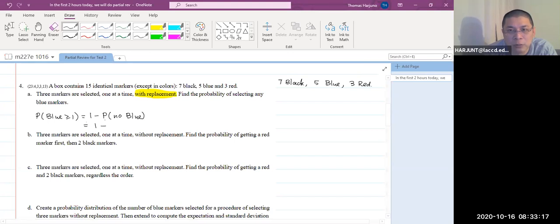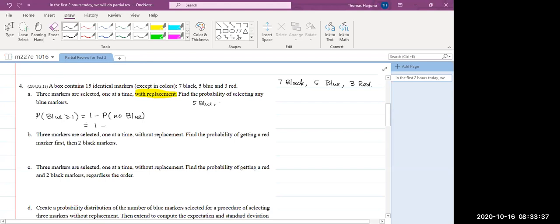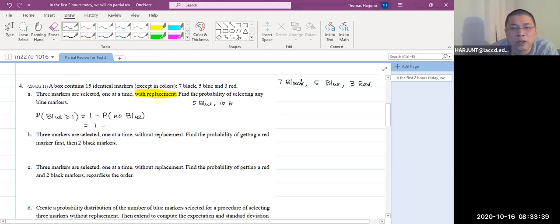Don't forget, this is with replacement. What is the probability that the first one is not a blue? 5 blue, 10 not blue, correct?